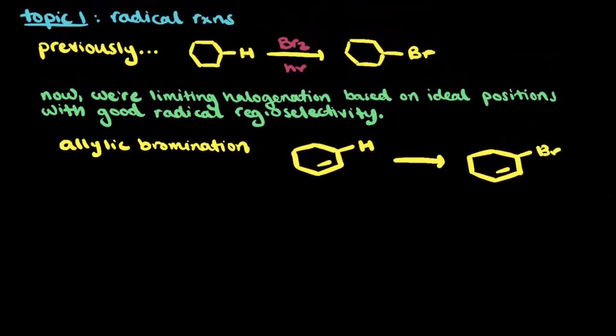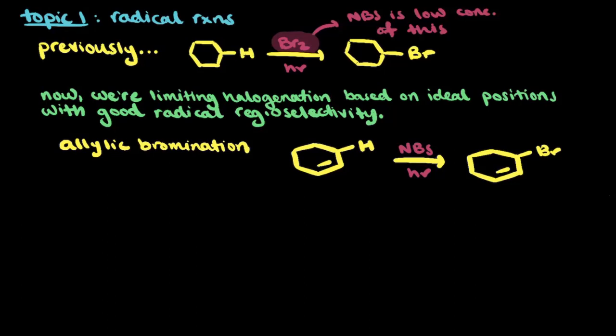So in that case, you would use NBS, which gives a lower concentration of bromine. Remember that this can be reduced to lower concentrations with NBS, and that will be primarily what you will be using for your allylic and benzylic bromination.